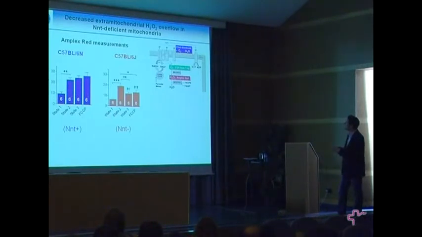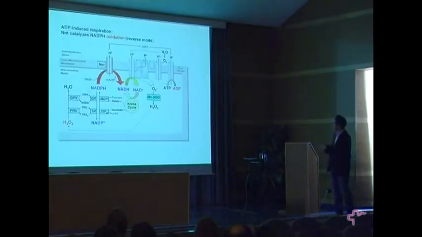Now, the important observation is, although H2O2 formation was not significantly different between these two strains in the absence of ADP, in the presence of ADP, H2O2 formation now decreased in the J mouse. And the way we would explain this is when you accelerate NADH coupled respiration, you reduce superoxide. This is within the concept that is already established. But when this enzyme is lacking, it seems that the NADPH is conserved.